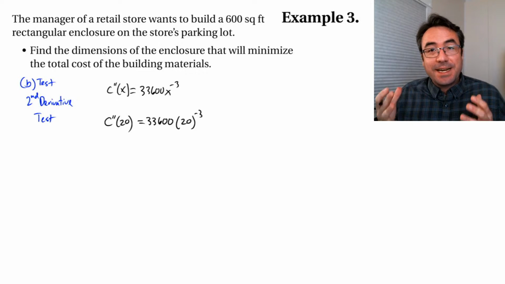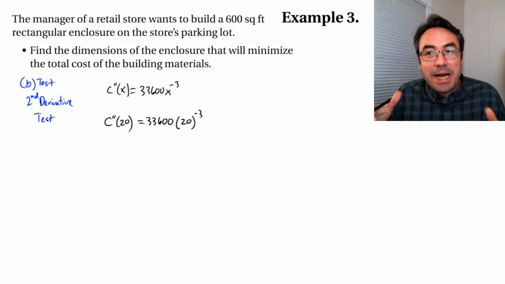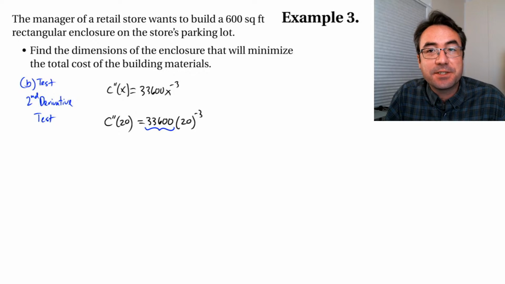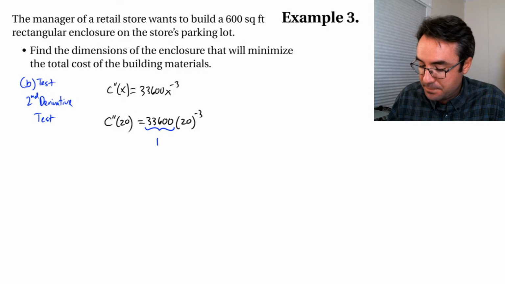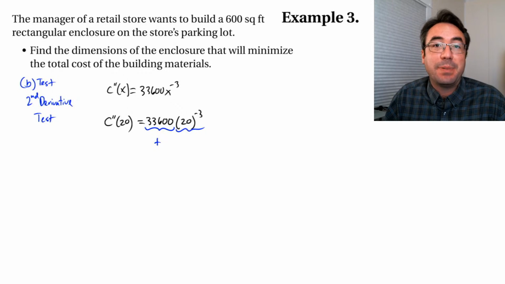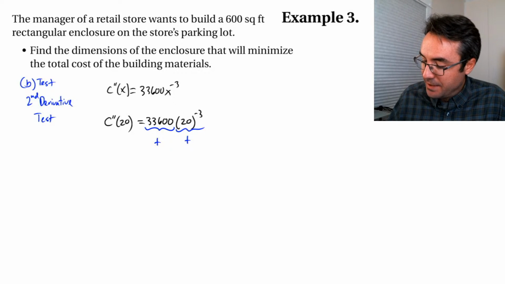And for the second derivative test, we don't really care what this value is. We just want to know, is it positive or negative? So 33,600, positive. 20 raised to the power negative 3, positive. So in the end here, our second derivative value is positive.